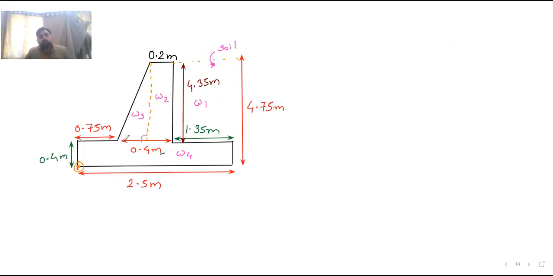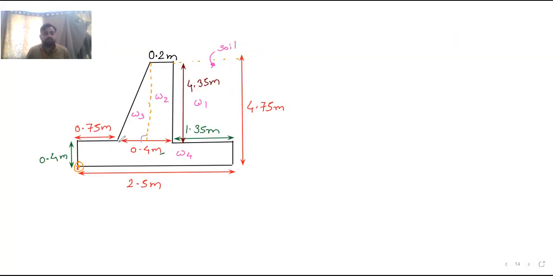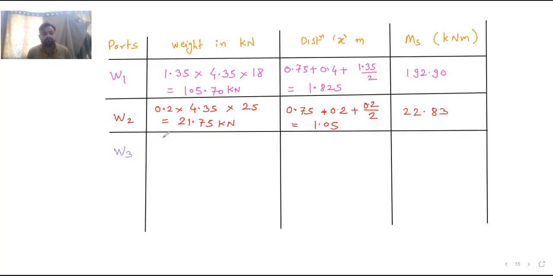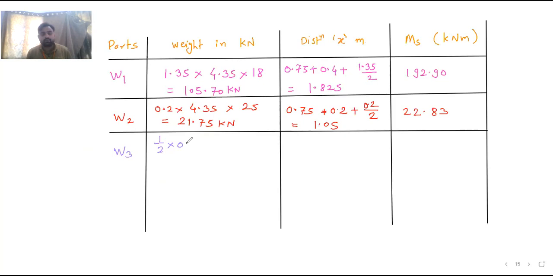So 2/3 of 0.2 plus 0.75. Okay. So for W3 first, this is the triangle, so half into base into height. The height is 4.35. So half into base 0.2 into height 4.35, and concrete is there, so multiplied by 25.